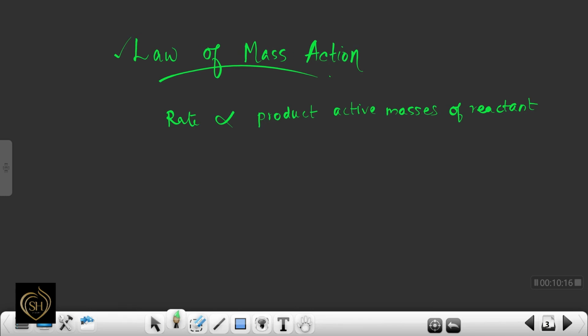Let us consider the following simple reaction. A plus B gives product.